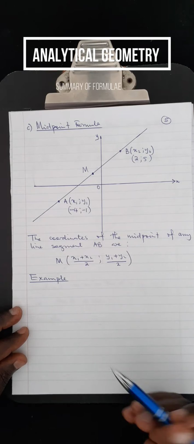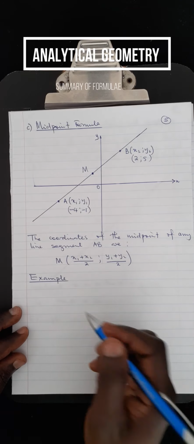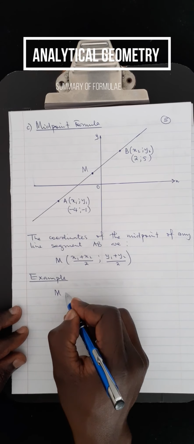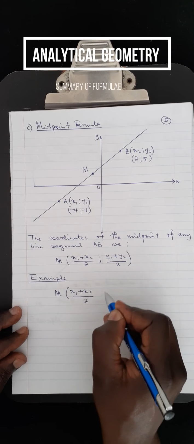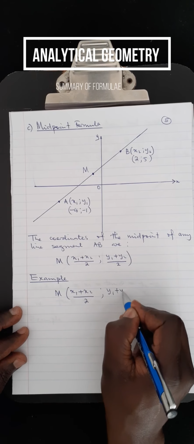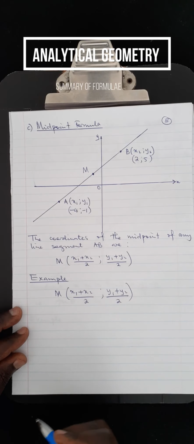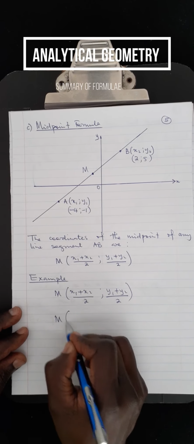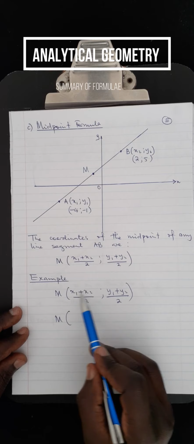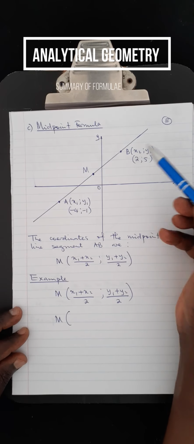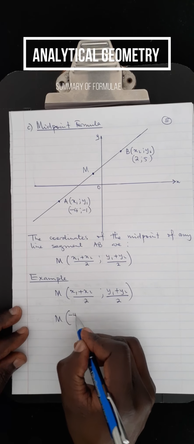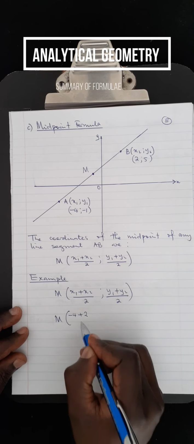Using the example, I'll write the formula again: x1 plus x2 over 2 and y1 plus y2 over 2. So substituting this, I add the x coordinates. The x coordinate of A plus the x coordinate of B gives me -4 plus 2, divided by 2.